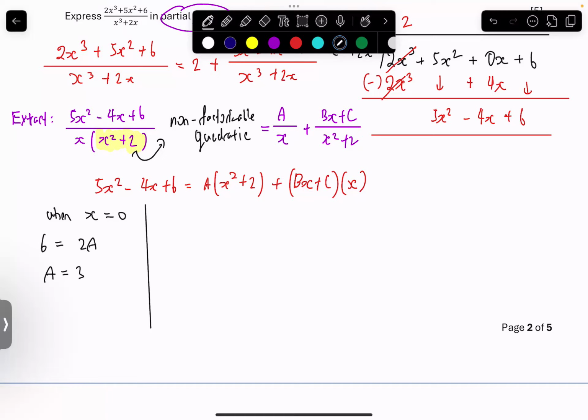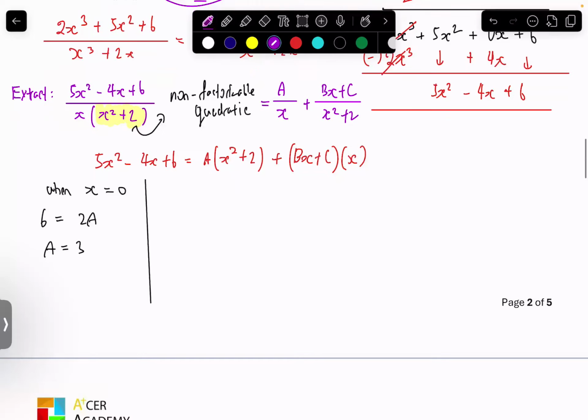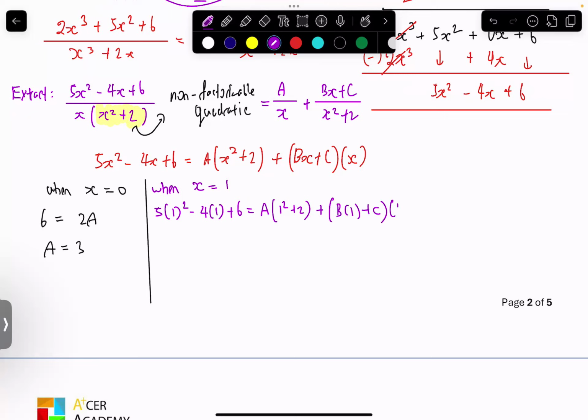Okay, step 1. For the next step, we realize that we can't make this 0 because x squared cannot be negative 2. So now we're going to choose any random number, say x equals 1. On the left it will be 5(1 squared) minus 4(1) plus 6, equal to, on the right, A(1 squared plus 2) plus (B(1) plus C) multiplied by 1.